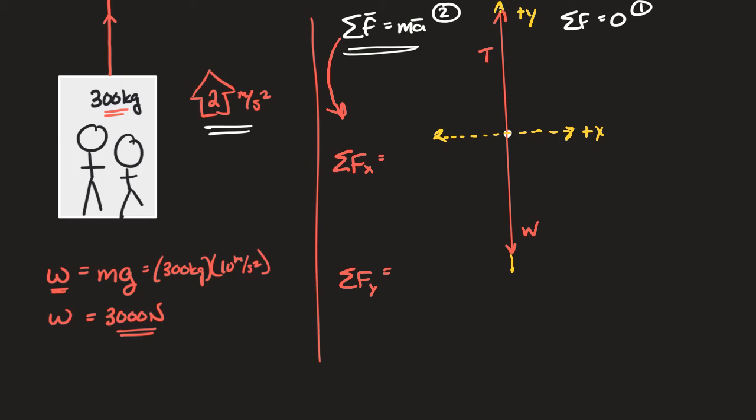Hopefully, you've been careful enough so that the acceleration only appears in one of the two directions. My elevator is not accelerating left and right, so the net force in the x direction is 0. My elevator is accelerating up or down, so I place the acceleration in the y direction.